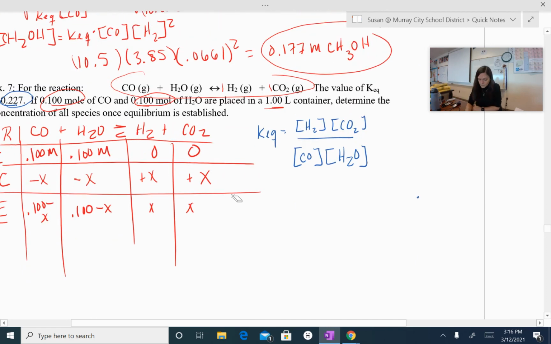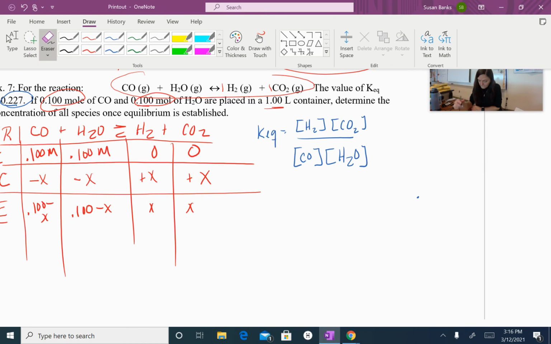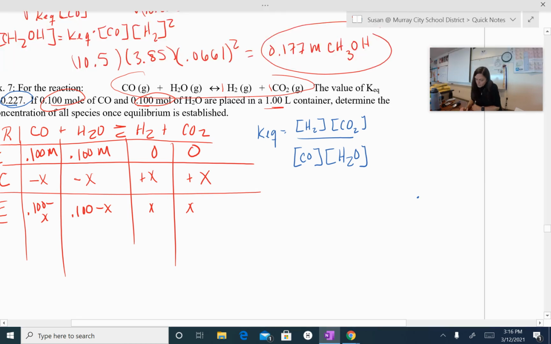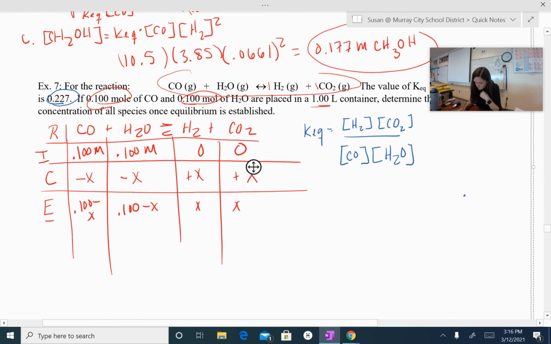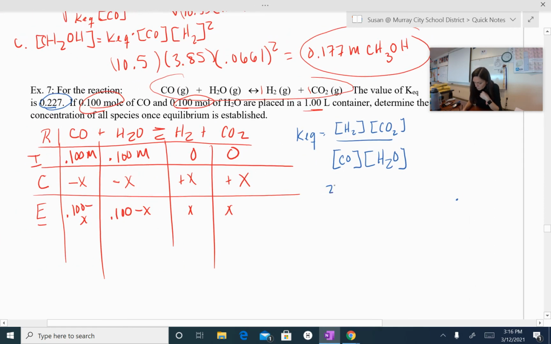Okay, so let's start this over. So products on the top. So this is going to be 0.227 is equal to X squared over 0.1 minus X quantity squared. That's where my mistake was. I put the wrong variables in the wrong place.